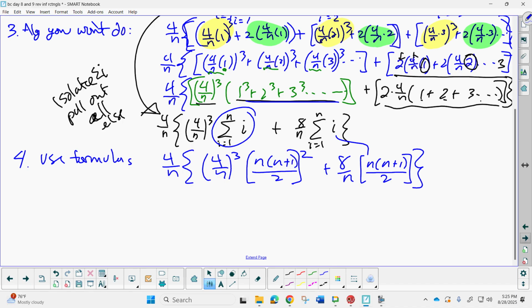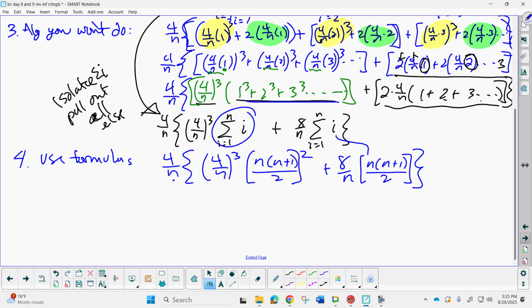Phew. Now, eventually you won't even clean that up before you take the infinite limit. But I am going to clean it up because it's pretty gross.